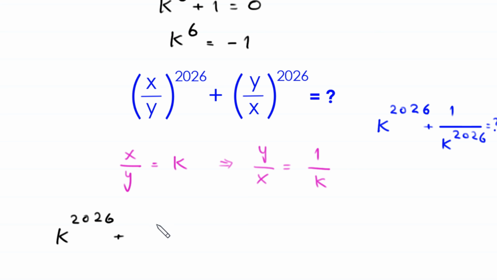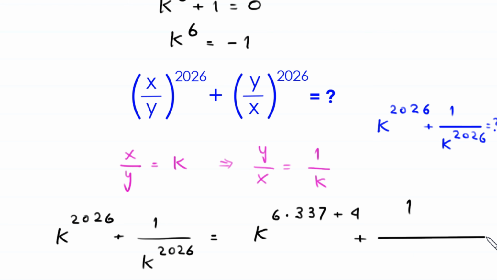So this expression k^2026 + 1/k^2026 can be written as, we write this 2026 in the factors of 6. So we write this k^2026 as k^(6×337+4), plus 1 divided by, in the same way, k^2026 in this form, k^(6×337+4).